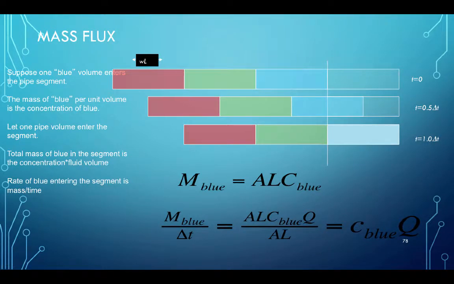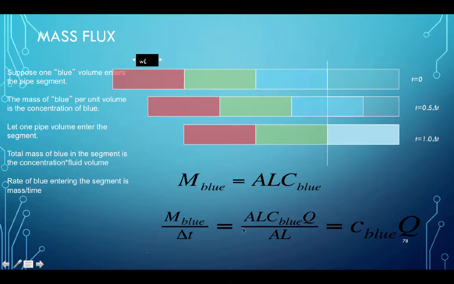If we were to look at a different way of doing that in terms of masses, the following diagram is trying to depict that. Suppose that one blue volume enters the pipe segment. The mass of blue per unit volume of the segment is the concentration of blue. And if we let one pipe volume enter the segment, then the total mass of blue in the segment is concentration times fluid volume. And the rate of blue entering the segment is the mass per time.